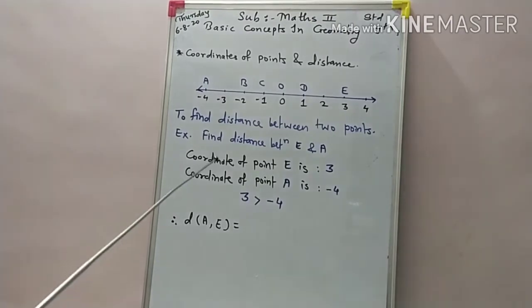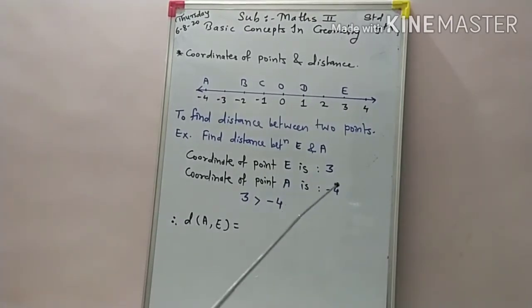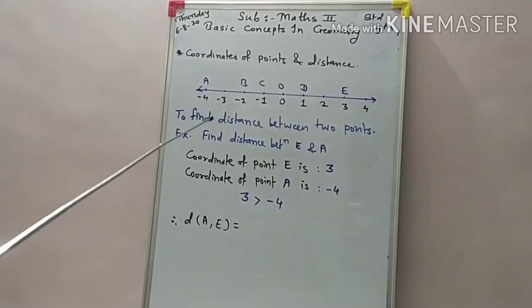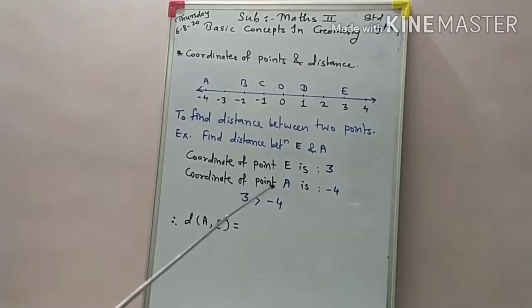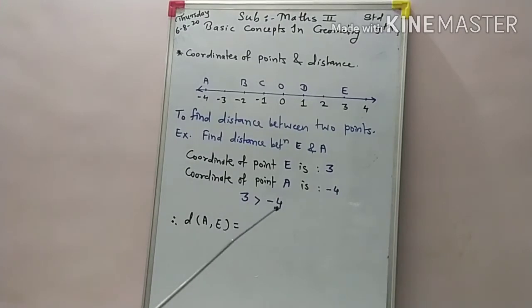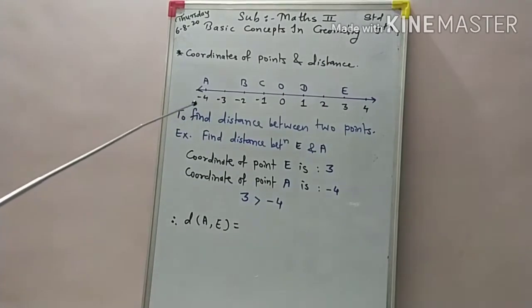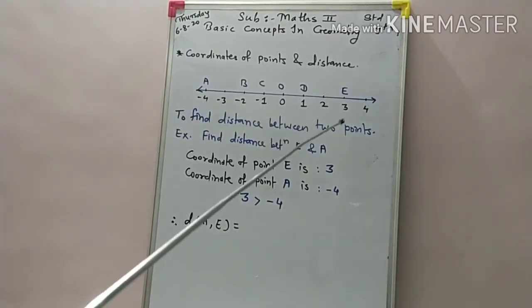Here we write down those coordinates: the coordinate of point E is what? 3, by the number line, and the coordinate of point A is what? -4. As we know, a positive number is always greater than a negative number. So 3 is greater than -4. Then what we have to do? We have to subtract the smaller coordinate value from the greater coordinate value.